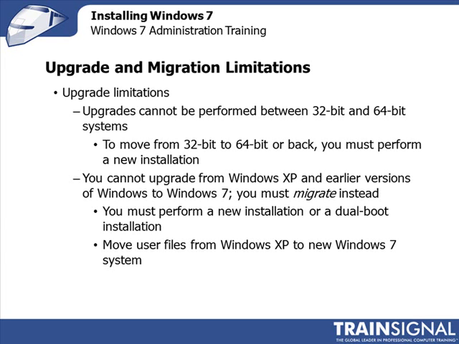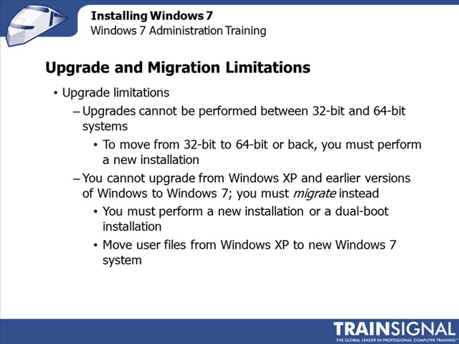You cannot upgrade from Windows XP and earlier versions of Windows to Windows 7. If you want to move from those editions, Windows XP, Windows 2000, what have you, to Windows 7, you must perform what Microsoft calls a migration. This consists of 2 steps. You start by doing a new installation on your hardware. Now, this can consist of brand new hardware.